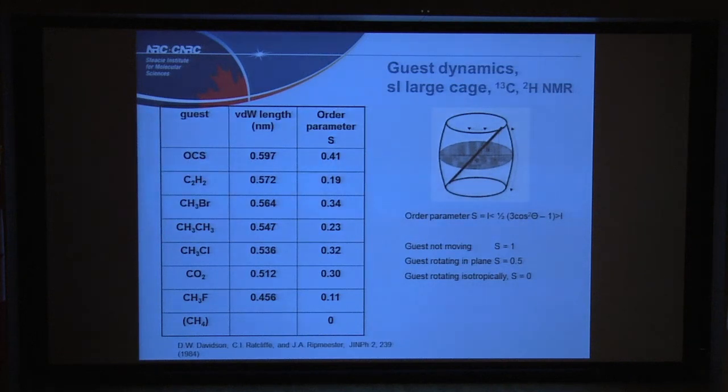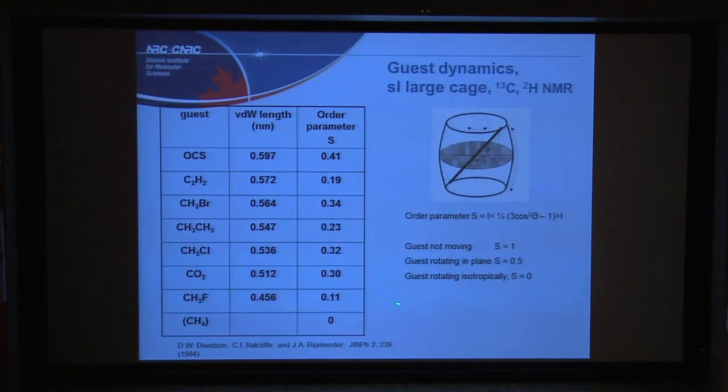And for a number of linear or pseudo-linear molecules of different length, we've actually measured these patterns by NMR and derived these order parameters. And you can see that for carbonyl sulfide, the order parameter is very close to 0.5, so it's almost located completely in the plane.